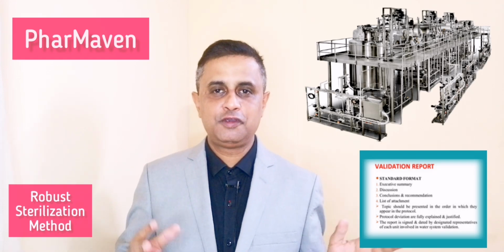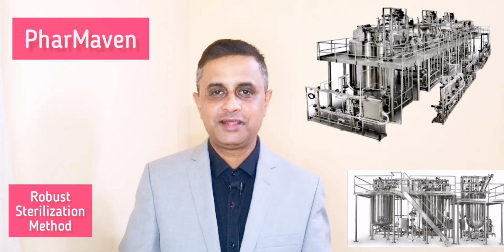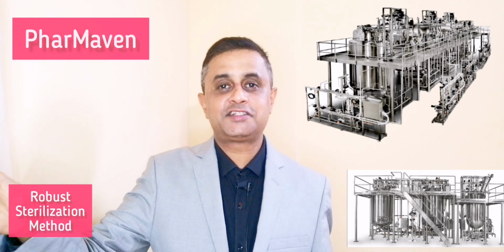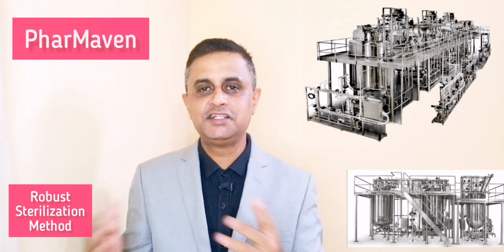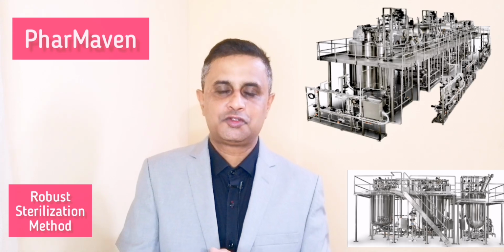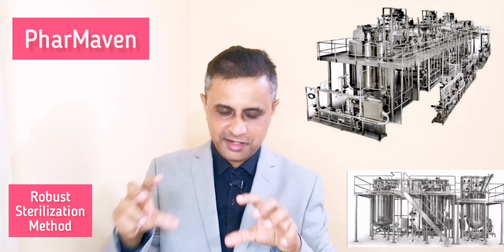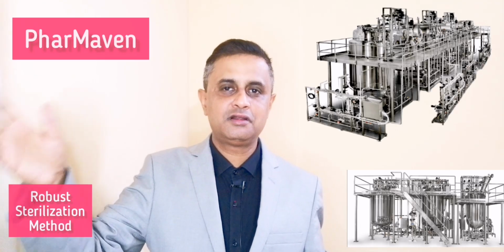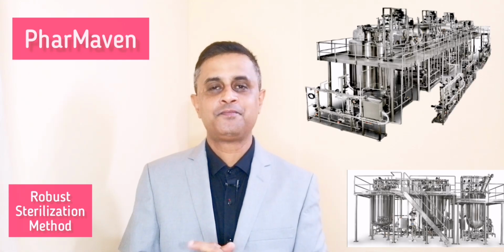For example, if you have a skid of 2 to 3 filtration vessels, the farthest end of this series can have the least exposure to the steam. So you have to place sensors in all your vessels, all your critical connections, and at the drain point of the last vessel in your series of filtration.